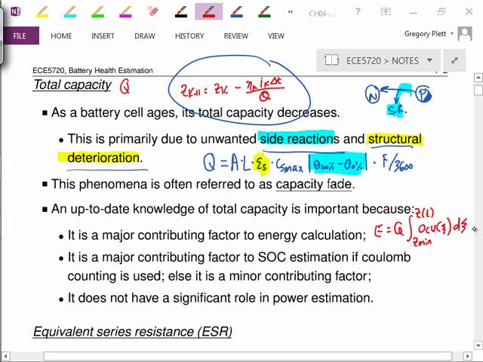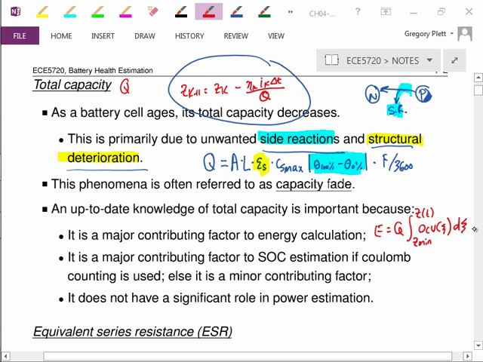So if capacity changes, the energy is going to change. The open circuit voltage function of a cell does change a little bit as the cell ages, but it's mostly in this equation, the capacity, that is changing. So as the capacity goes down, the ability to store energy goes down.